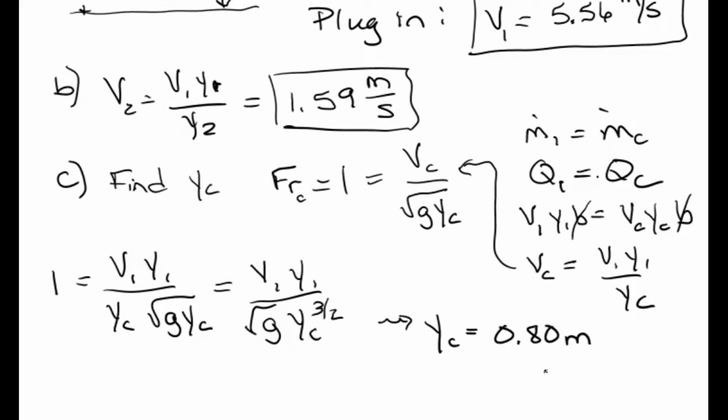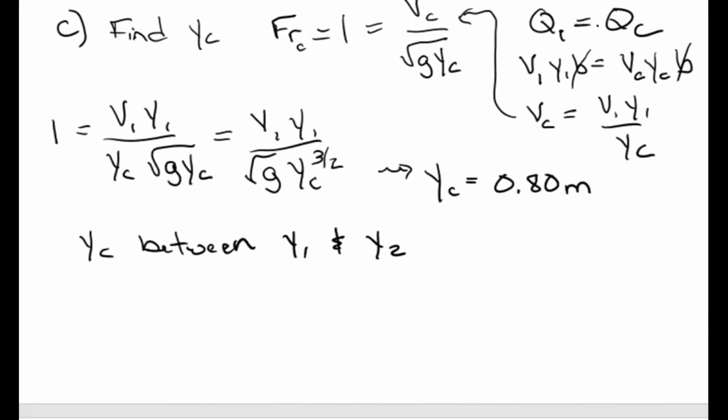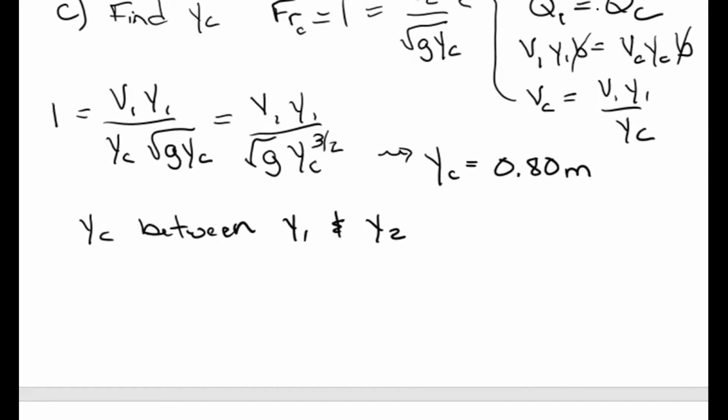It should always end up between Y1 and Y2, or else there wouldn't have been a hydraulic jump, because it's going to go from supercritical to subcritical as it crosses that hydraulic jump, which is like a shock wave. So critical has to be between 1 and 2, or there wouldn't have been a hydraulic jump.